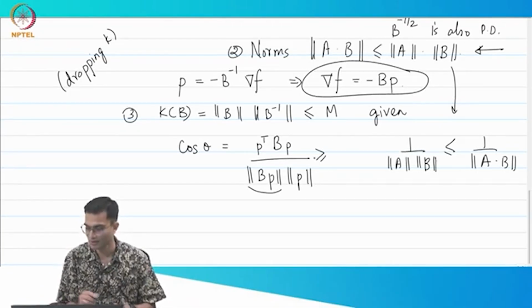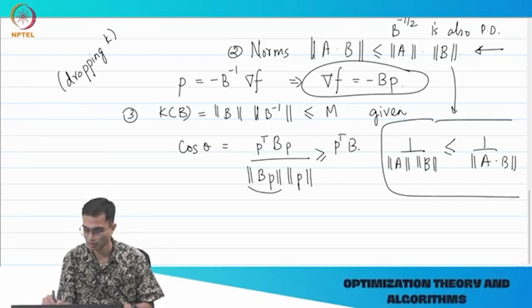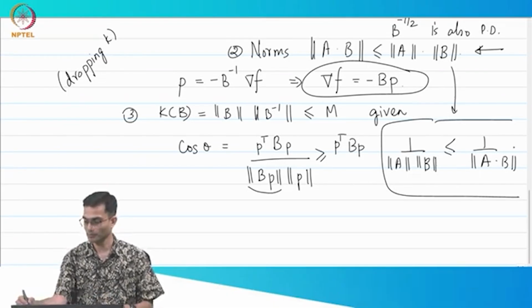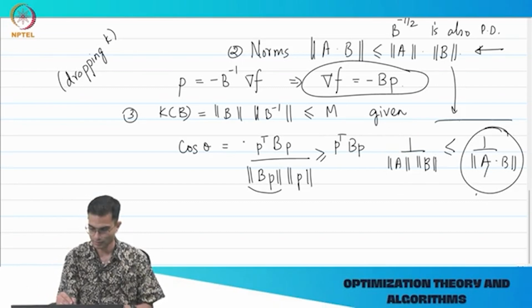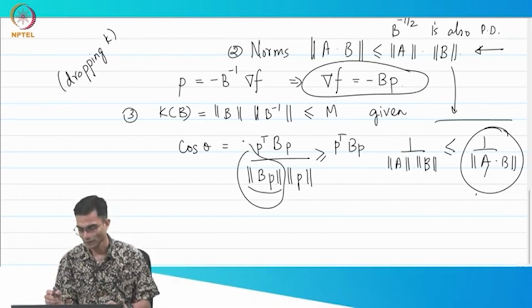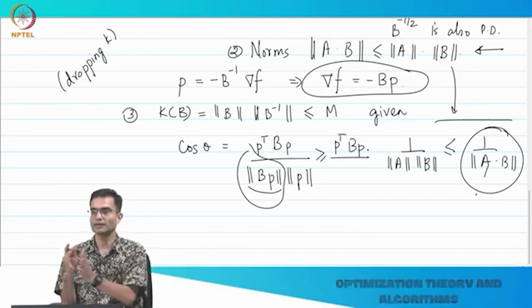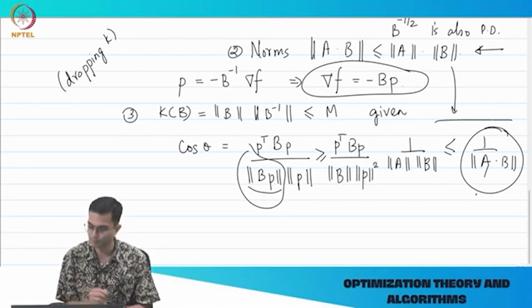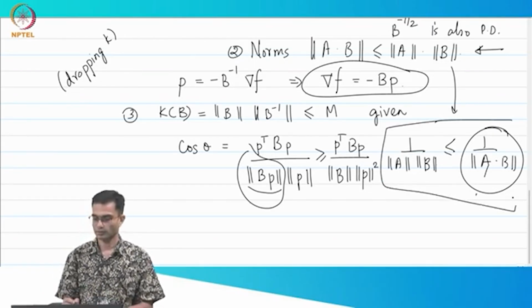This expression can be written as greater than or equal to, the numerator stays as it is, and I'm going to get a norm B and then P squared.